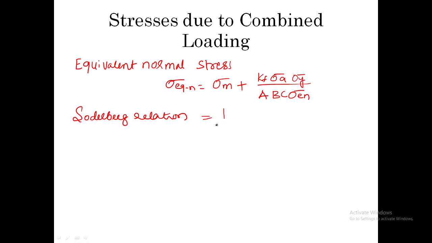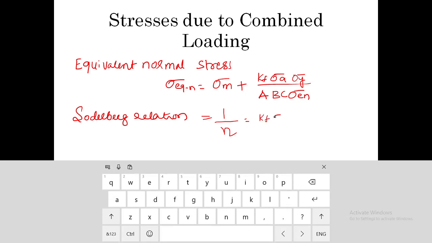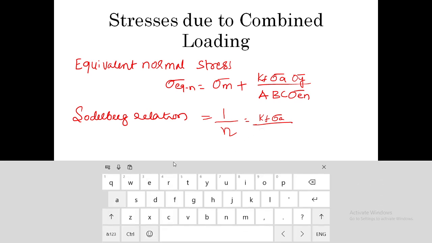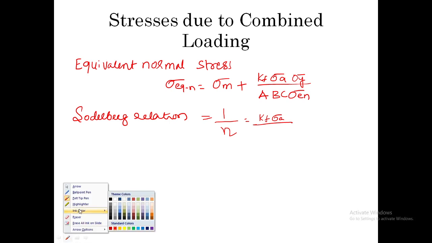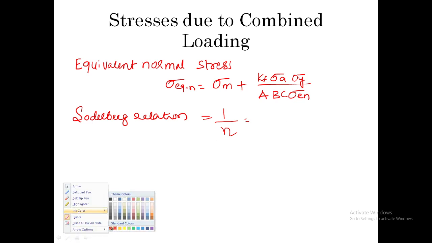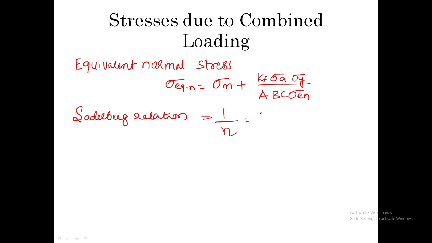So 1 by n equal to Kf into sigma a divided by a b c into sigma en, plus sigma m divided by sigma y.